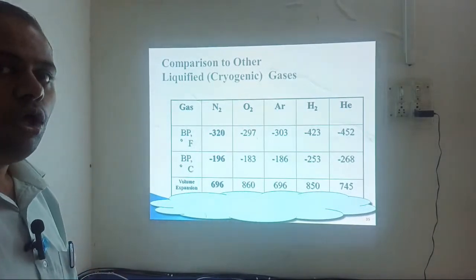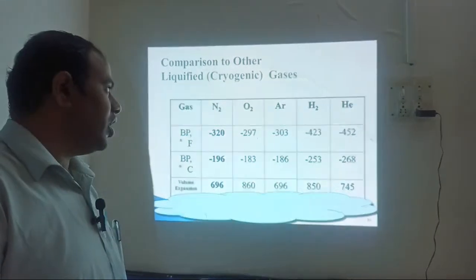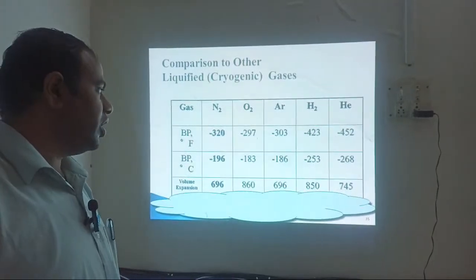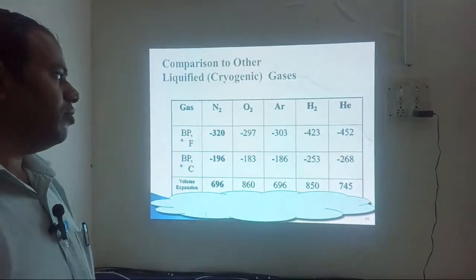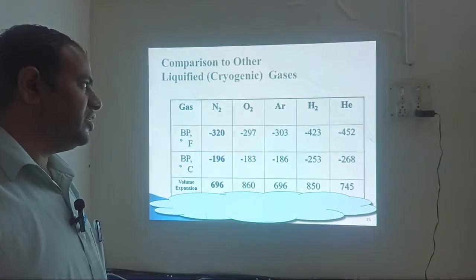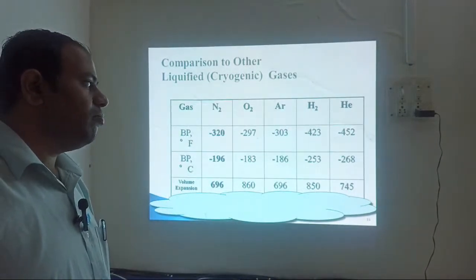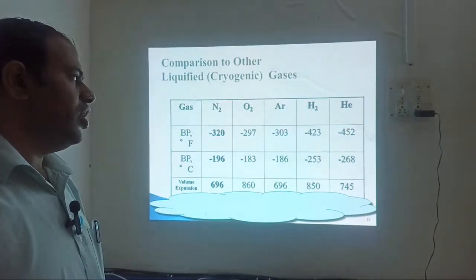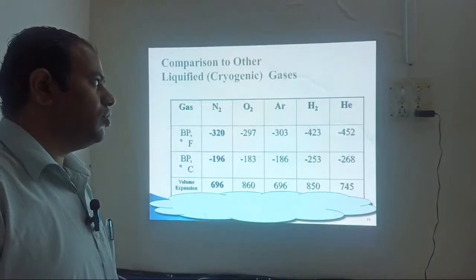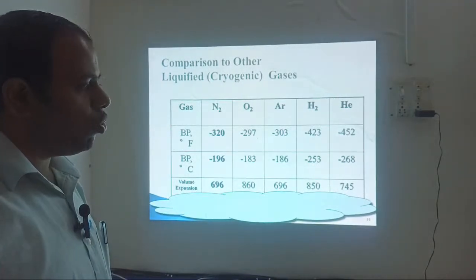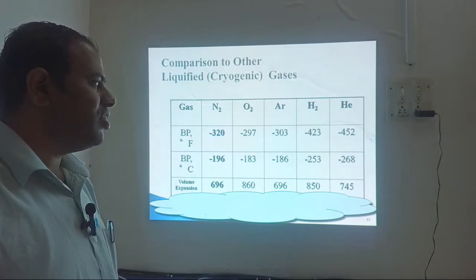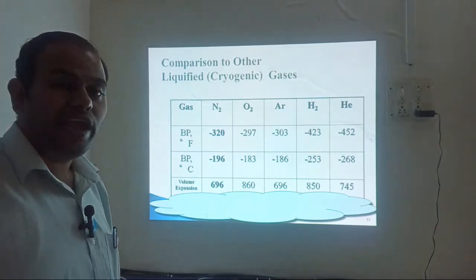Okay, so liquid nitrogen is cooler than liquid oxygen. Then comes argon, that is minus 186, and then minus 253 is for hydrogen, and more or less than that is for helium gas, that is minus 268 degrees Celsius.